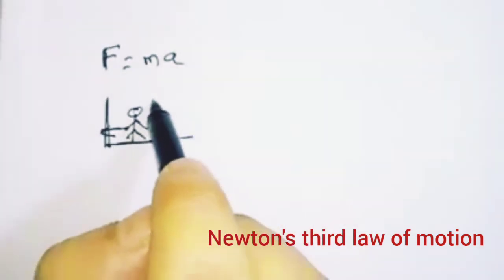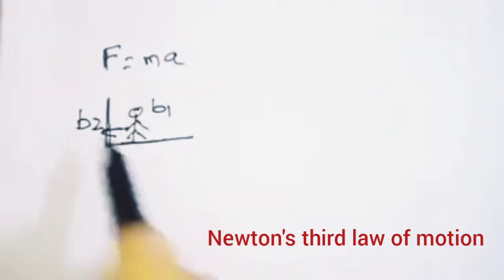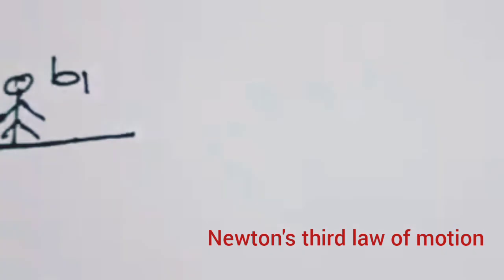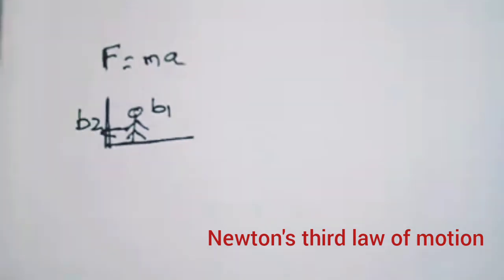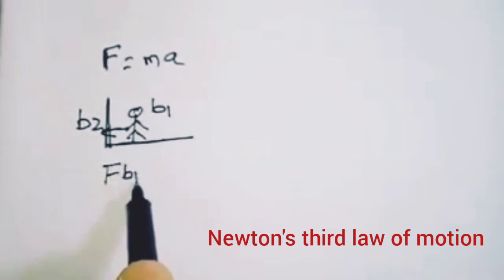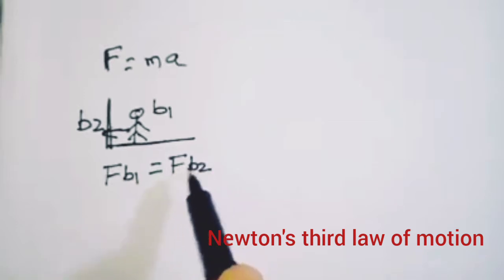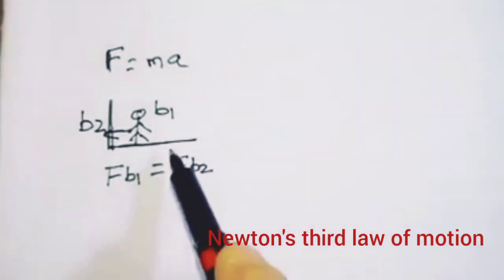So if I call myself body 1 and the wall body 2, then the force exerted on body 1, that is F on B1, will always be equal to the force exerted by body 2, that is the force on body 2, the wall.